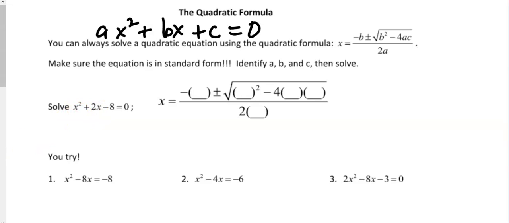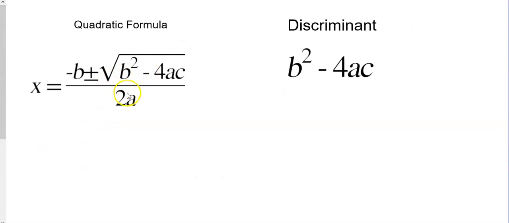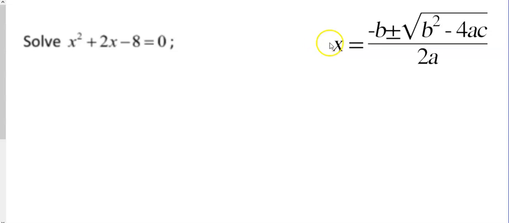So if we look at this example, a is 1, because that's what's understood to be here next to the square. There's no number physically there. b is +2, and c is -8.